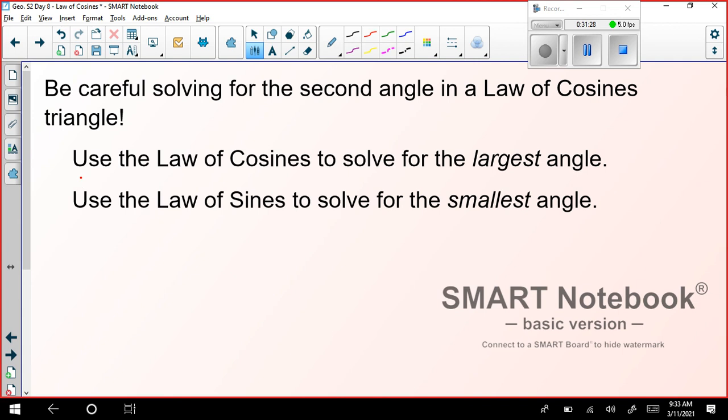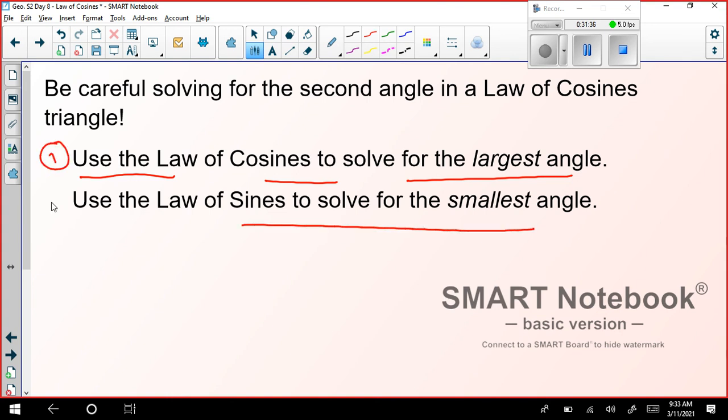Use the law of cosines to solve the largest angle and use law of sines to solve the smallest angle. Keep this note in mind. This will help us get answers more easily and more accurately.